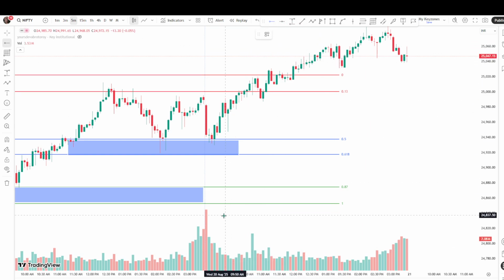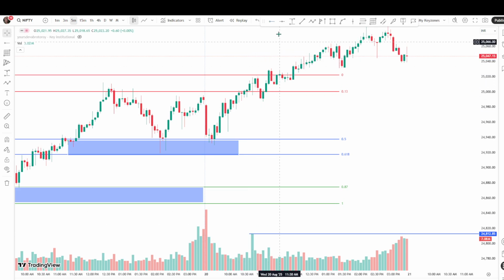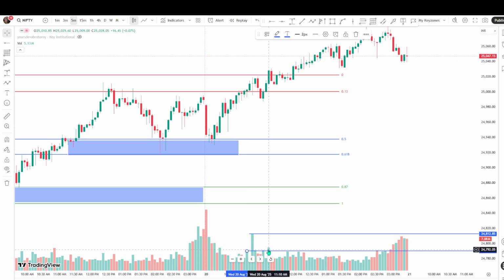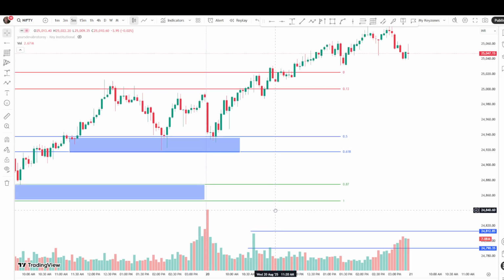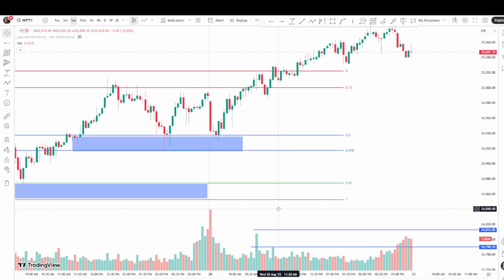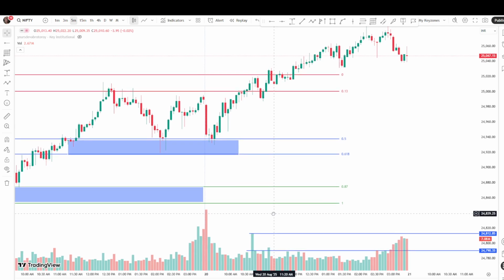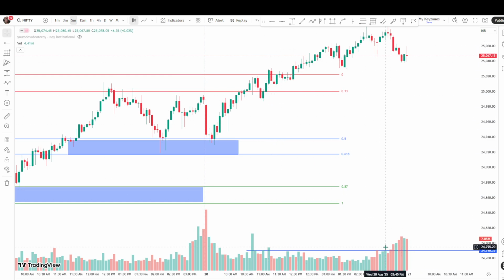If I draw a line around this and look at this candle, too much volume here, and then this, it was not above this level. We get a confirmation in this candle that this could be a good breakout candle.